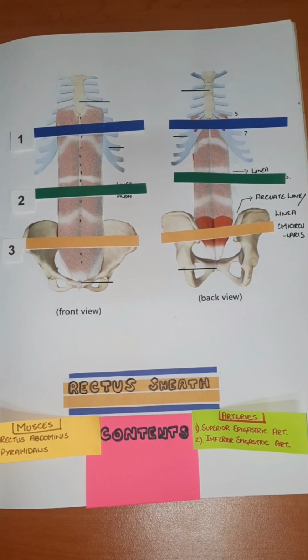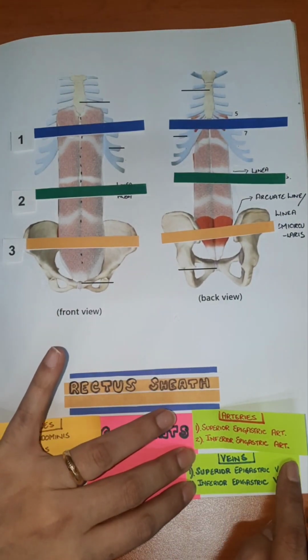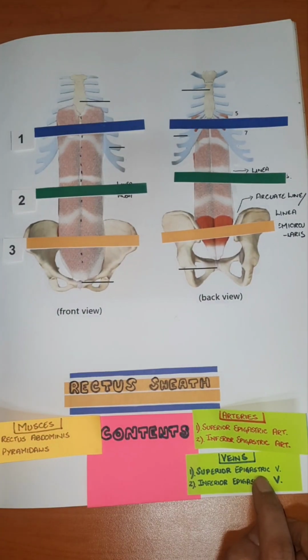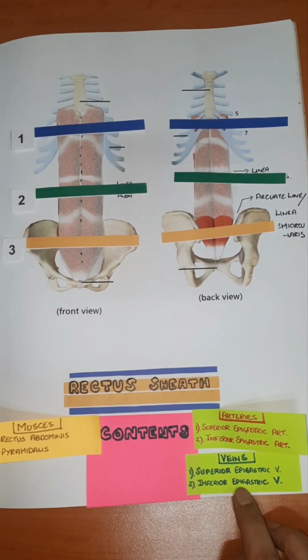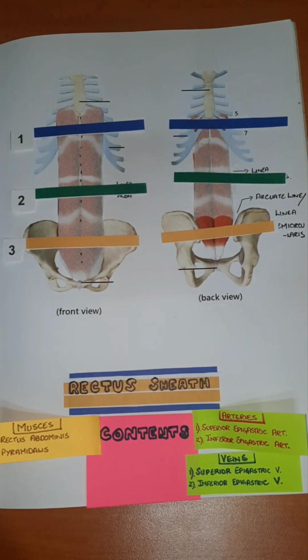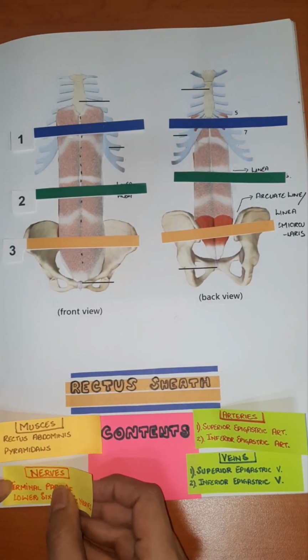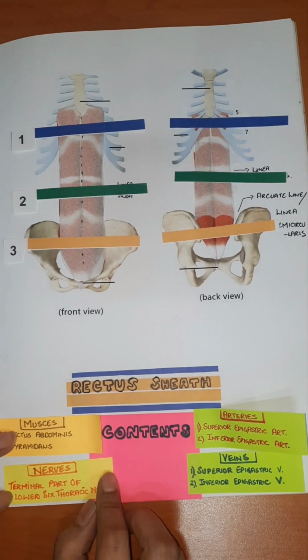The accompanying venae comitantes are the superior and inferior epigastric veins. The superior epigastric vein drains into the internal thoracic vein, while the inferior epigastric vein drains into the external iliac vein. And lastly, among the nerves, we have the terminal part of the lower 6 thoracic nerves. So that's all about the rectus sheath, including its formation, contents, and the basic anatomy.